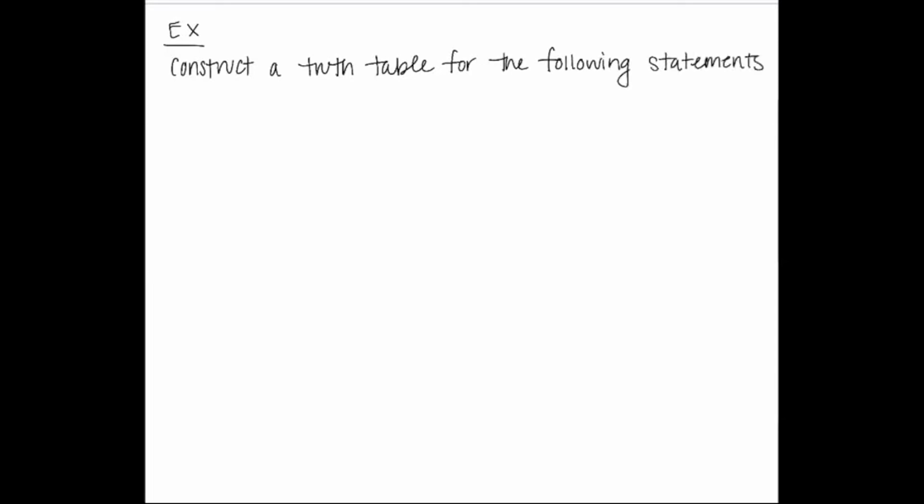So we're going to construct a truth table for the following statements. The first one we're going to do is not P and Q if and only if not Q.